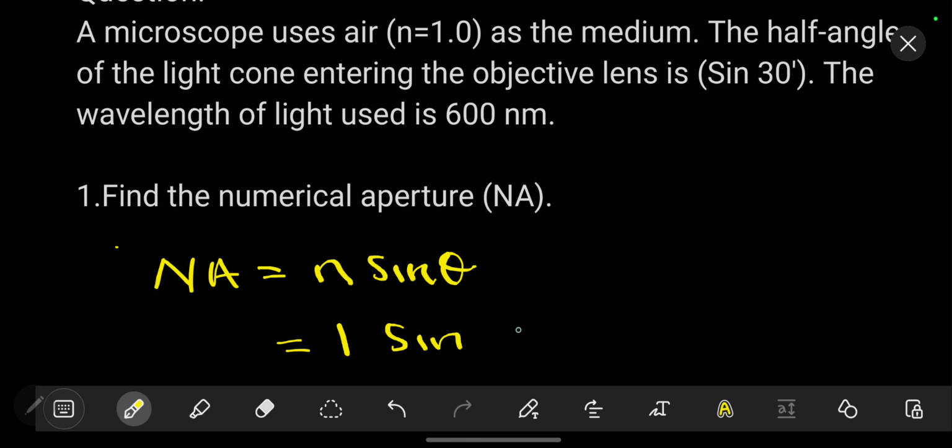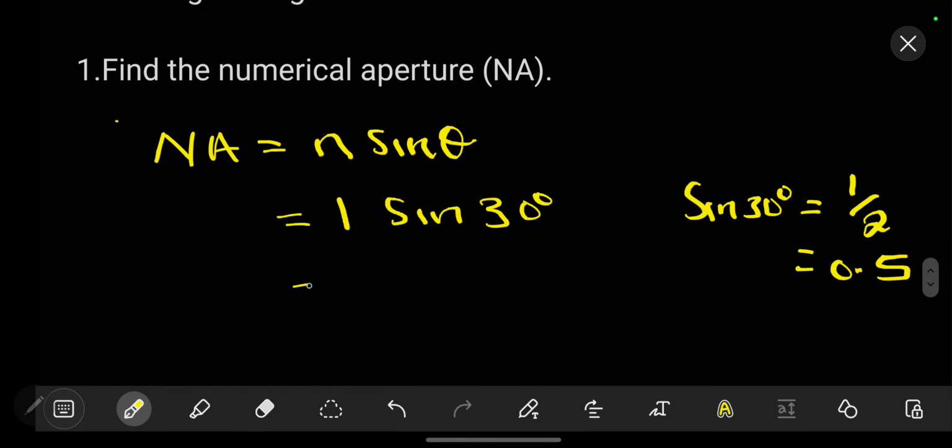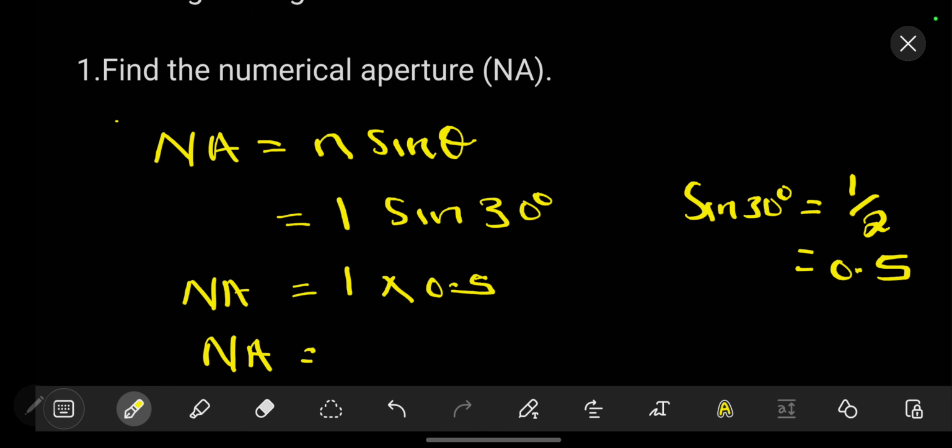Then we have the sine of 30 degrees, which from trigonometry is 1 over 2, the same as 0.5. So our numerical aperture is 0.5.